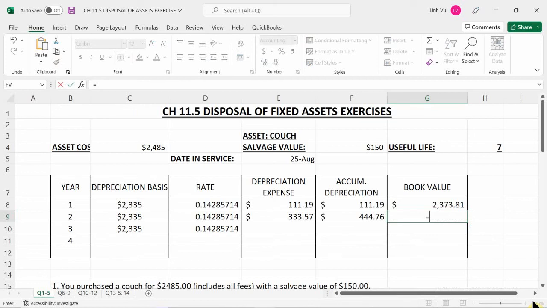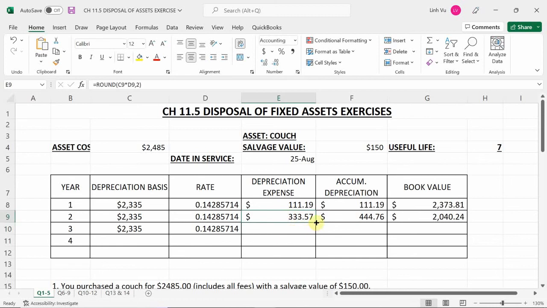No. You don't take your book value, you take your asset cost of 2,485, and then you subtract your accumulated. Okay, I was doing the accumulated basis. 2,040.24. Good.